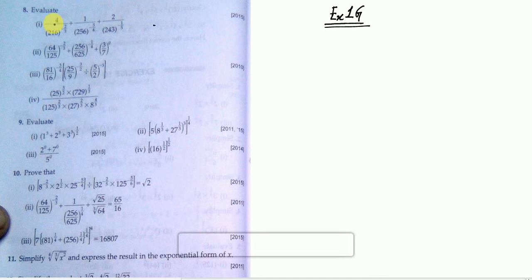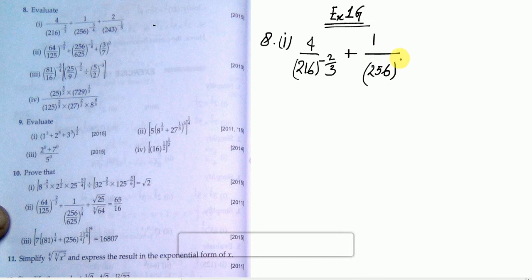First question is 8, first: (4/216)^(-2/3) + (1/256)^(-3/4) + (2/243)^(-1/5).